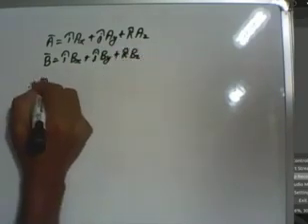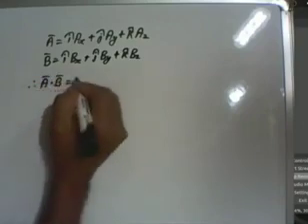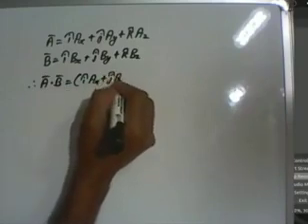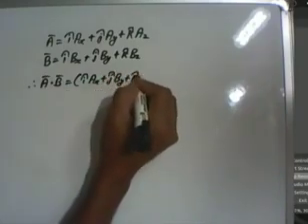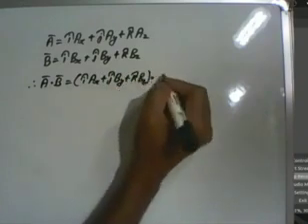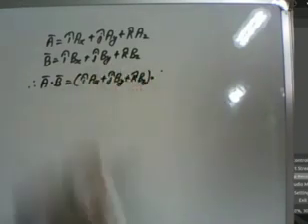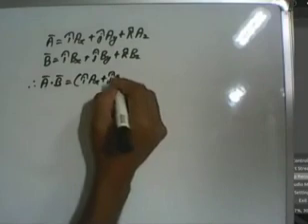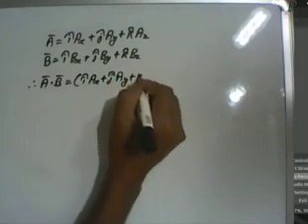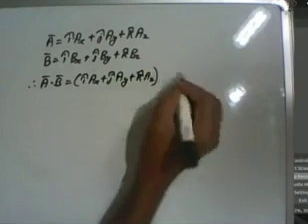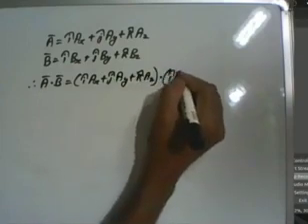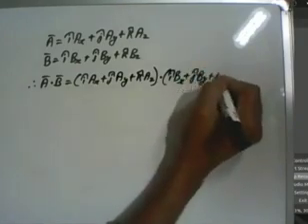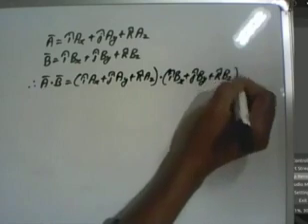Therefore, A dot B will be equal to, in component form, i ax plus j ay plus k az dot product with i bx plus j by plus k bz.